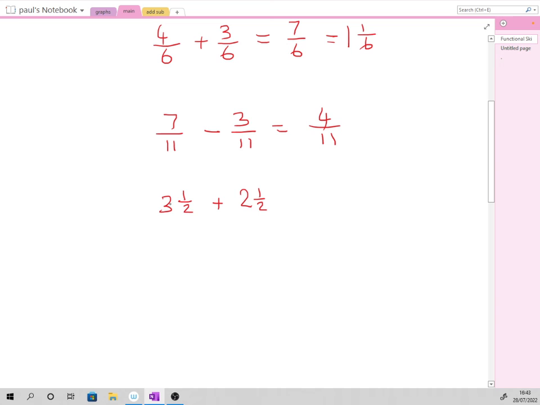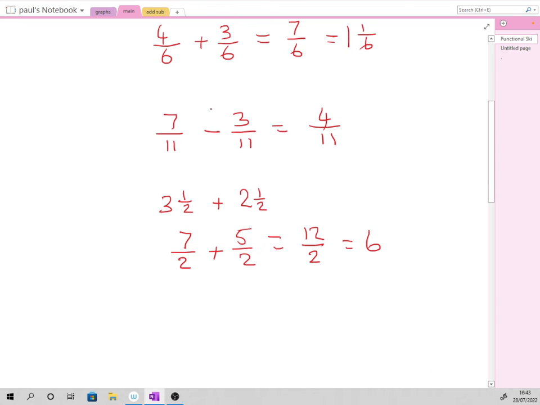So 2 times 3 is 6 plus 1 is 7 over 2. 2 times 2 is 4 plus 1 is 5 over 2. Now we have common denominators. 7 plus 5 is 12 over 2. 12 divided by 2 equals 6. 3 and 2 are 5. Half and a half make another one, so it's 6.